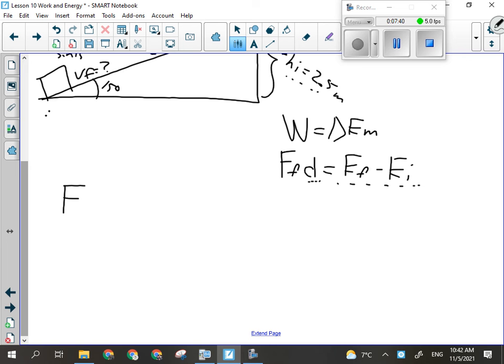So I've got that the force of friction times the distance, and I know both those numbers, is equal to the final mechanical energy minus the initial mechanical energy. How do we calculate mechanical energy?